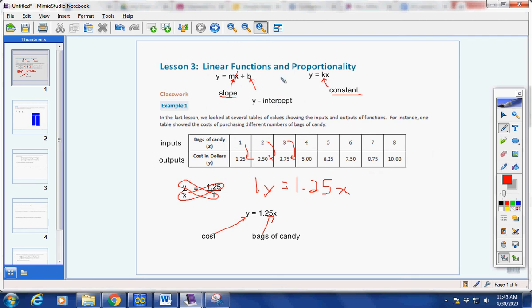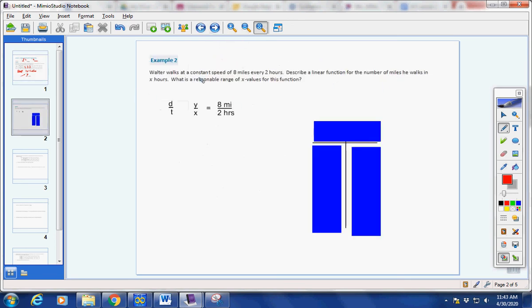Again, our focus today is on both linear functions and proportionality. So let's look at one more example. It says Walter walks at a constant speed. You've heard me talk about constant speed before. We're thinking being proportional. Of 8 miles every 2 hours. So this is like when we were doing that distance over time thing, or y over x.